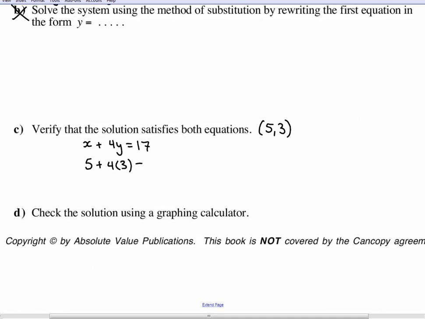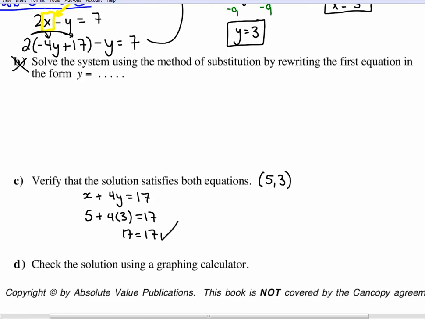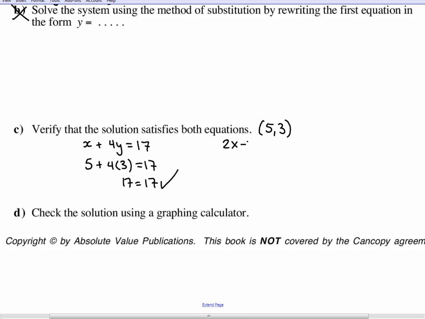Does that equal 17? Yes. Check. And the other equation was 2x minus y equals 7. 2 times 5 minus 3. Is that 7? Yep.